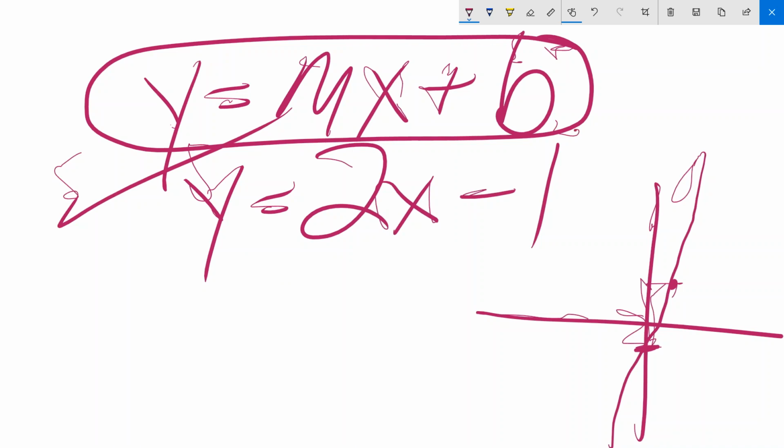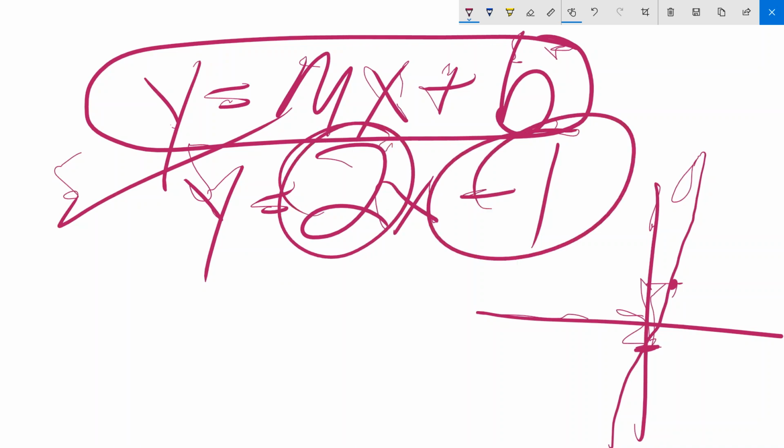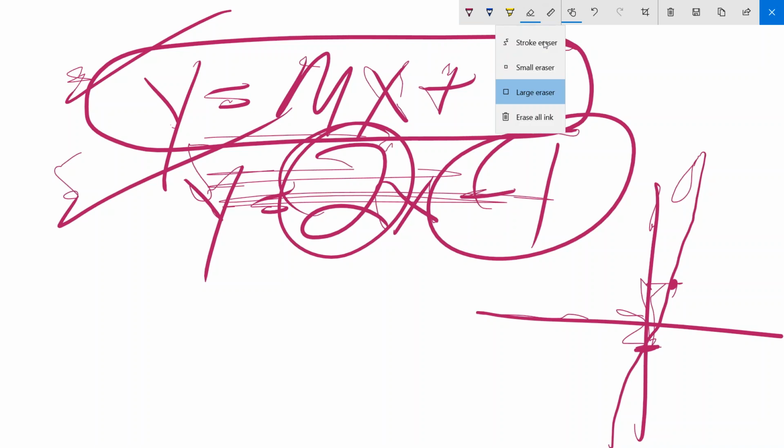You start at the y-intercept, you apply the slope to find a second point, and you connect the two dots. So anytime they give you a linear equation, you can graph it if you can get it into y equal mx plus b. Now let me make it a little bit harder.